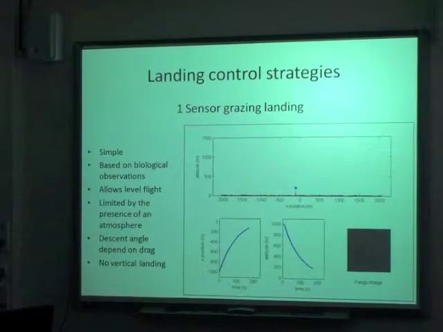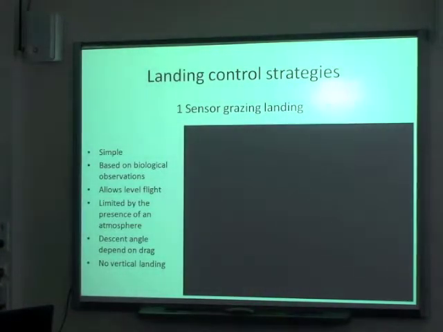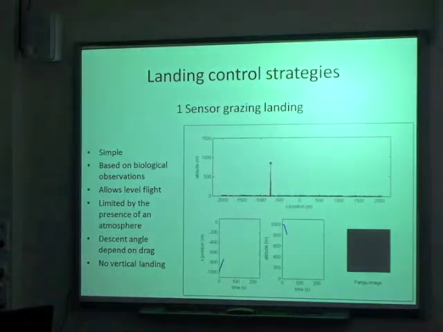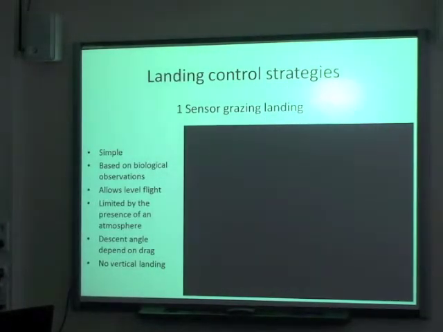He has implemented it with his Octave helicopter, which, using a single downward-looking optic flow sensor, is able to land safely by keeping the optic flow constant. There is a drawback of this design: if you assume you don't know your speed and height at the beginning, you're not able to land safely, because if you don't have an atmosphere, like in the case of a lunar landing, for example, you're not able to brake in the way you want.